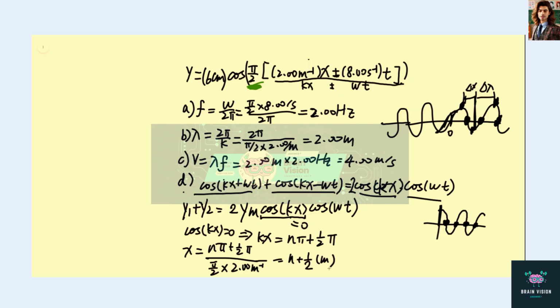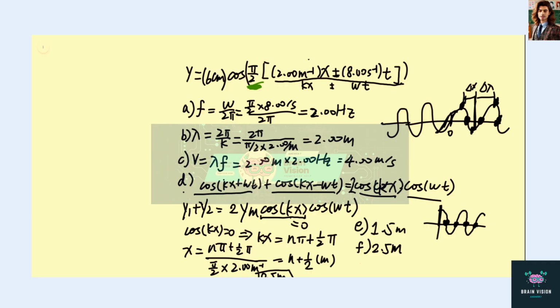For D, the smallest one is 0.5 meter. And then for part E, it's 1.5 meter because n equals 1. And then for part F, it's 2.5 meter because n equals 2.